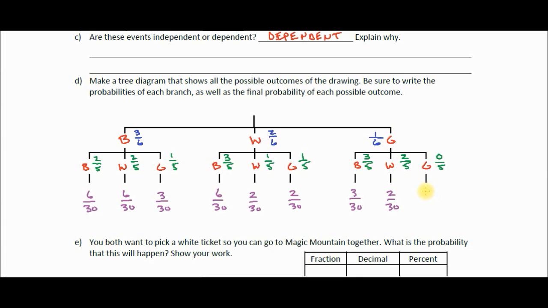And 1/6 times 0/5 is 0 over 30. Not going to happen because there's not 2 green tickets.